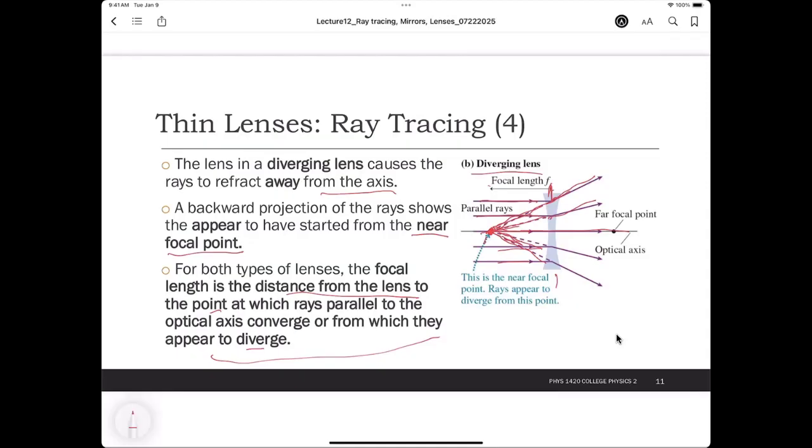Does it make sense to you? Yes, this is the definition for focal length.